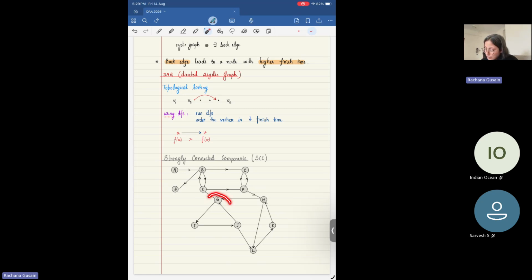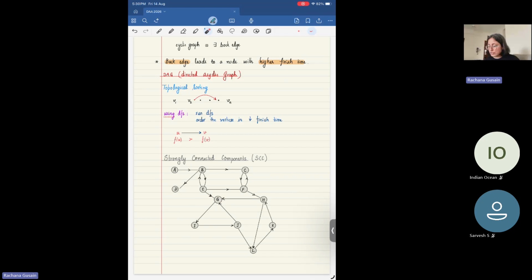Let's say I just pick these three vertices, G, I, and J. Is this subgraph strongly connected? This is strongly connected, right? It's a cycle. I can easily see it's strongly connected. But I will not call it a strongly connected component because I can extend this further.